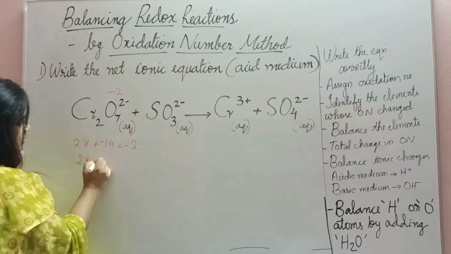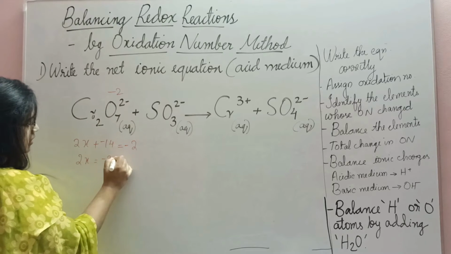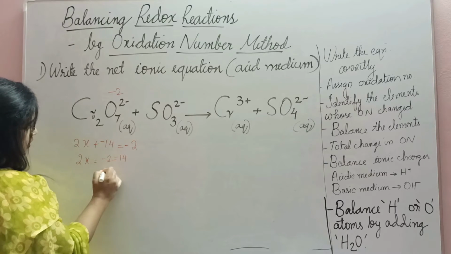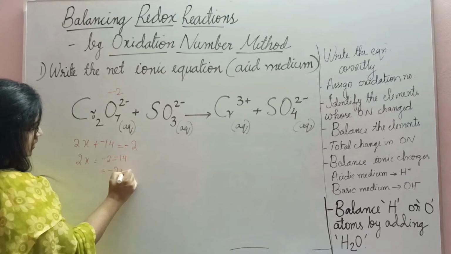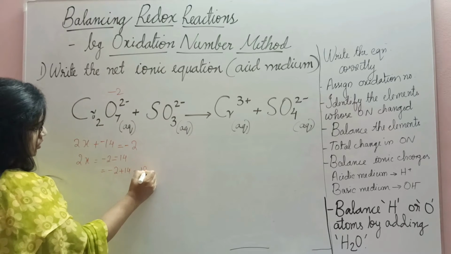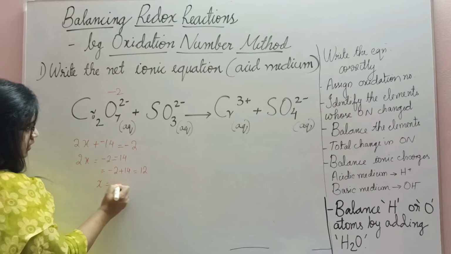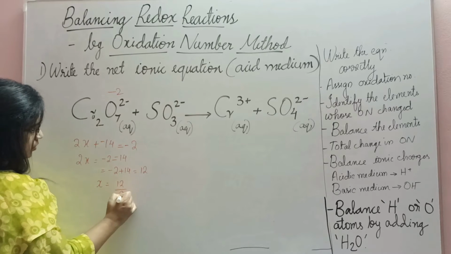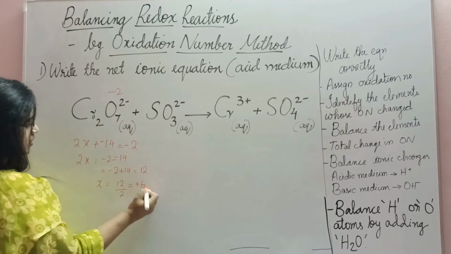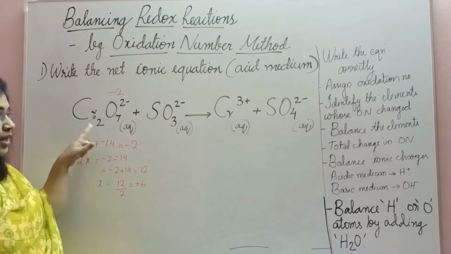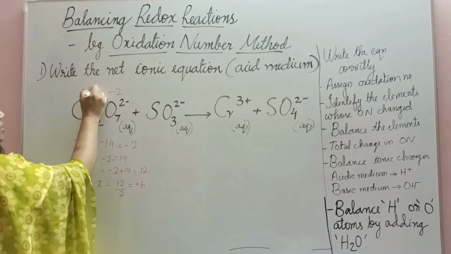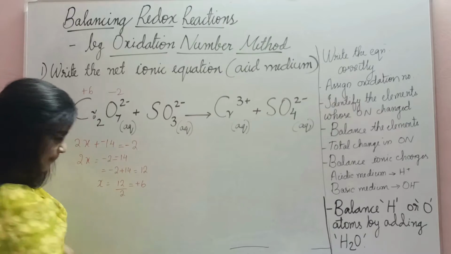So 2x is equal to -2 minus (-14), that is -2 plus 14, which is 12. x is equal to 12 divided by 2, that is +6. So the oxidation number of chromium is +6.